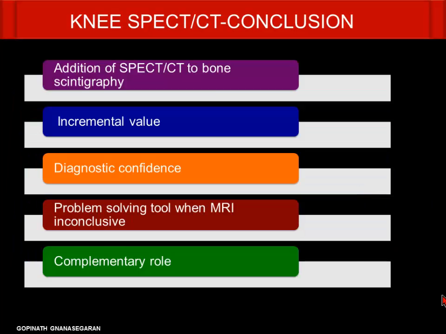So the role of knee SPECT CT: in addition to bone scintigraphy, it has incremental value, diagnostic confidence, and problem solving when MR is inconclusive, and it plays a complementary role, as I said, because the first line of investigation will always be an MRI. Nuclear medicine in knee pain will be complementary to MRI.